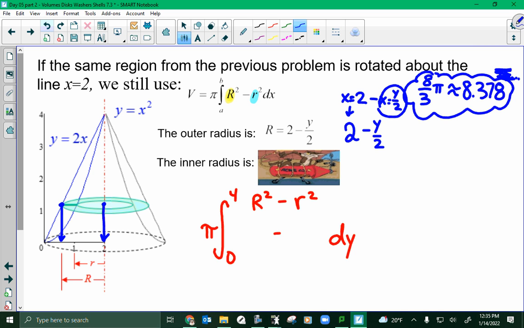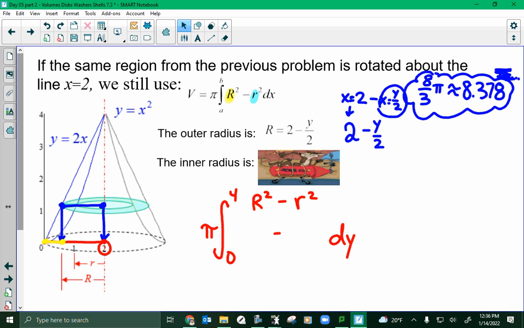That gives me this distance of my radius right there. Once again, it takes this whole thing, which is 2, and it subtracts this part of it, which is whatever y is divided by 2. And that gives me, my friends, this one right here: 2 minus y over 2.